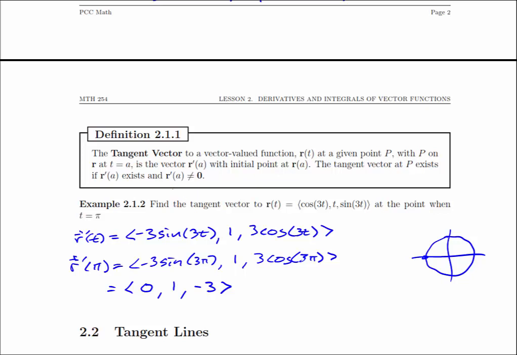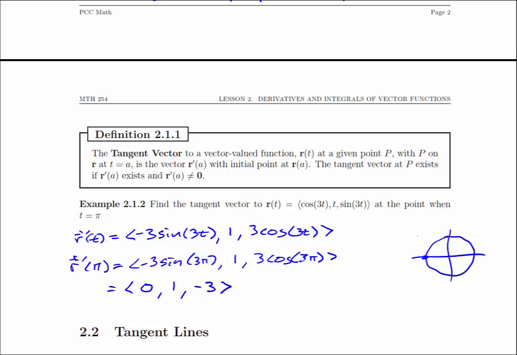If the derivative equals 0, so if we plug our t value into our derivative and we get a 0 vector, that means there's no movement, that the space curve has suddenly stopped. If we think of t as time, that means there is no direction, because at that point time is continuing on, but the movement of our space curve is now 0.